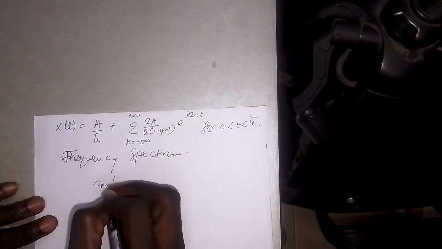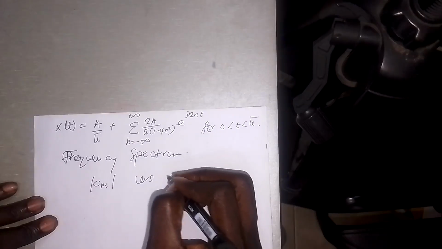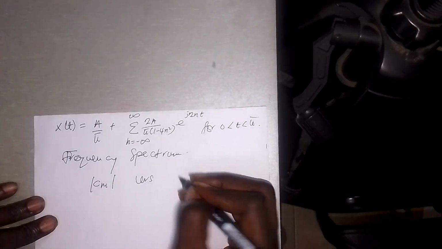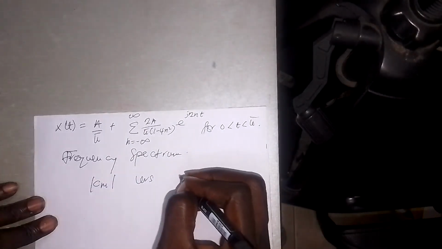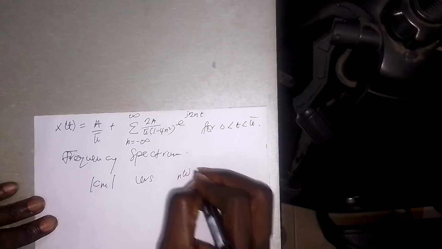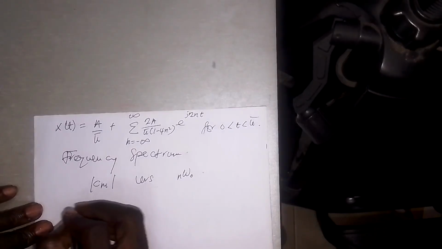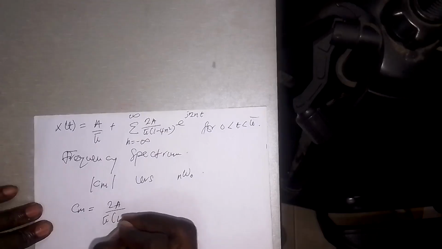It's a graph of Cn versus your amplitude. So your Cn is your amplitude, versus your frequency, which is n omega naught. So what is your Cn? Your Cn is actually 2A over pi into 1 minus 4n squared.